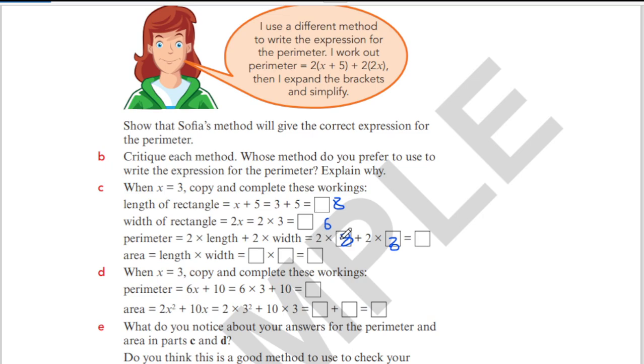So 2 into 8 will be 16, and 16 plus 2 into 6, 12. So the perimeter is 28. And to find the area, we'll multiply length into width. Length is 8 and width is 6. By multiplying 8 into 6, the answer will be 48.